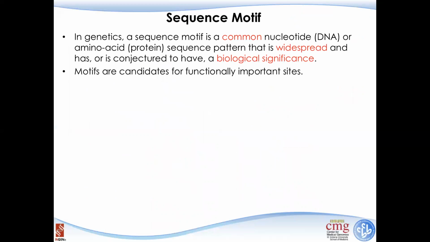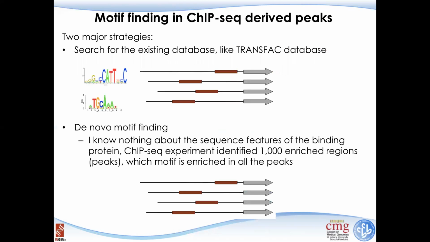Second, it is widespread, not only one location and one sequence. And also, in most cases, those consensus sequences have some biological significance, which means the motif is very important in terms of biological function.